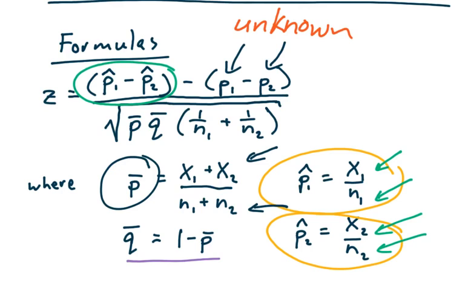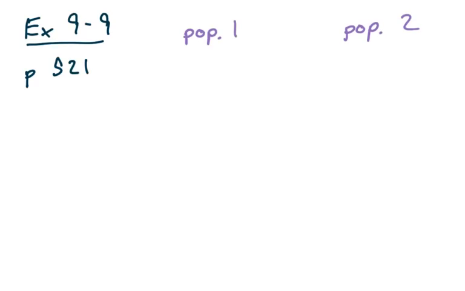All right, let's go into an example and put this together. Okay, so let's go ahead and take a look at this problem. This is example 9-9, and we're looking at page 521 in our textbook. I'll read this problem. The theme is on vaccination rates in nursing homes.